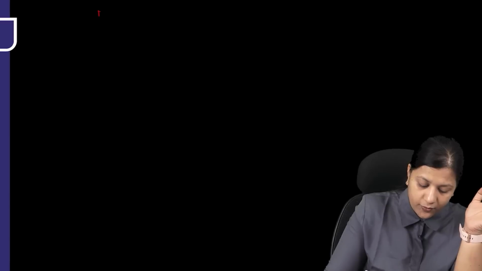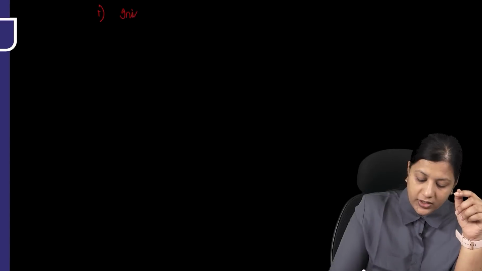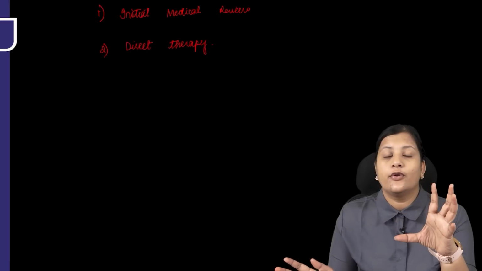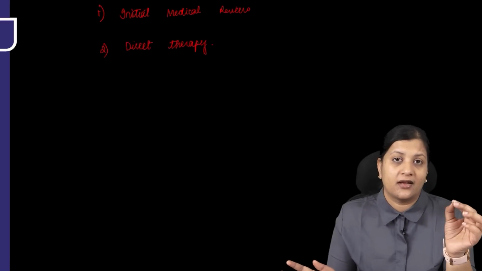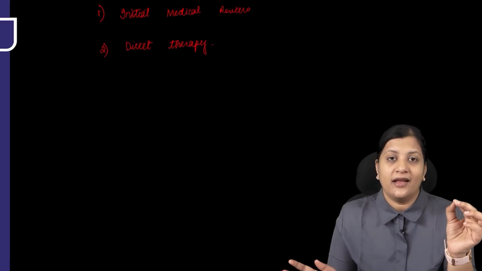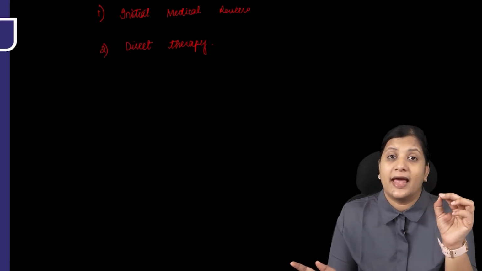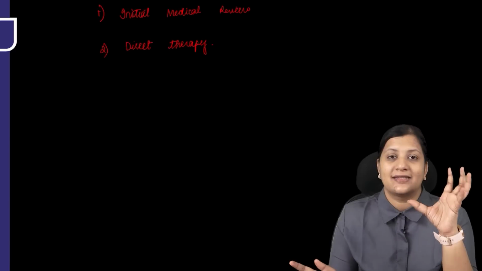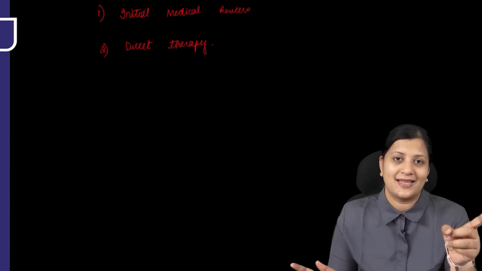Whenever a patient presents to you with bleeding, what will you do first? You will do an initial medical review and resuscitation. What is the second step? You are going to look for direct causes of bleeding. You will identify whether there is a spurter or any bleeding source by doing an endoscopic examination.